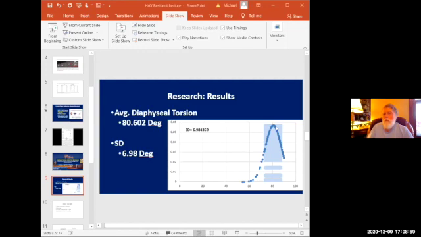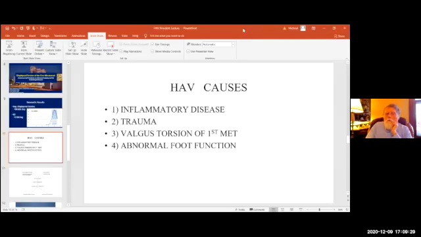The people with bunions have a higher degree. Nobody had varus torsion of the first metatarsal relative to the first metatarsal base in this study. So valgus torsion of the first metatarsal, I think, is a predisposing factor. I don't think there's much question about it. There have been two or three articles coming out every year since that time to show this.